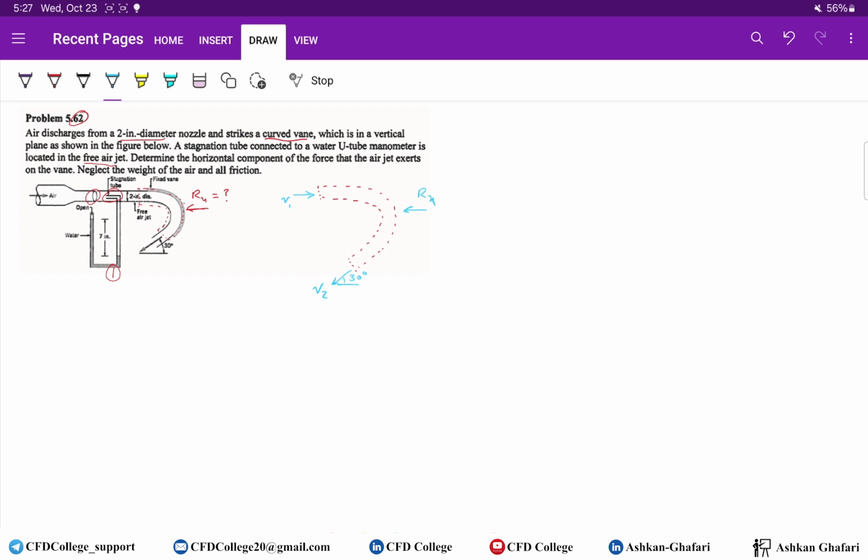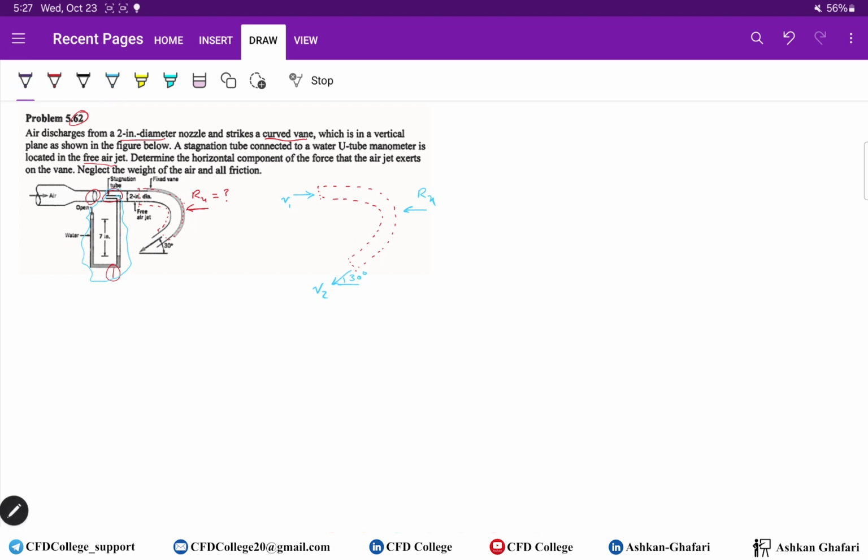But we don't know V1 and also V2. It's obvious that we need to use this stagnation tube and manometer to find something. So let's start solving the problem. Then we can see what is missing and what we should do with this stagnation tube.